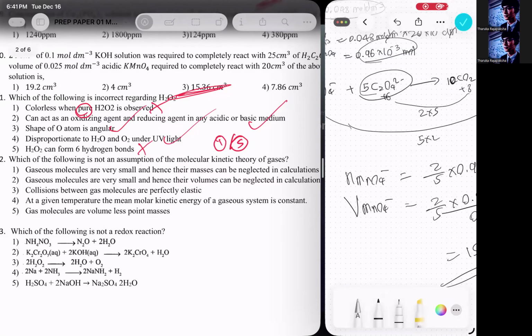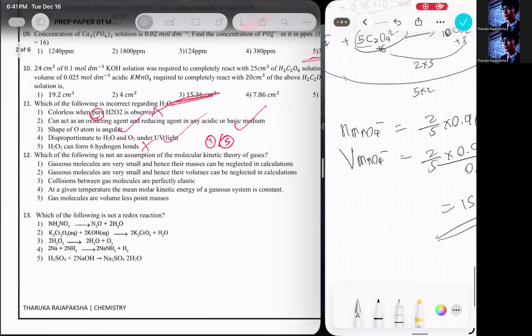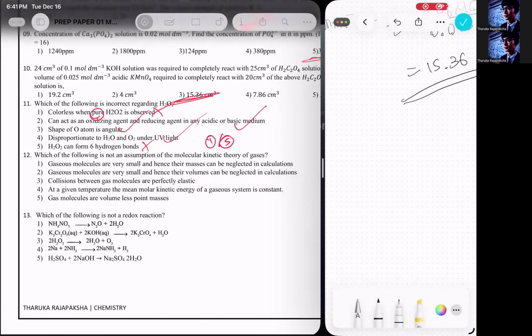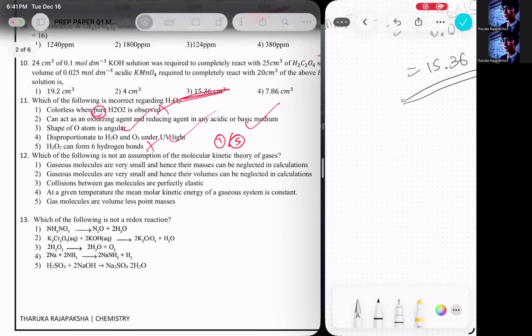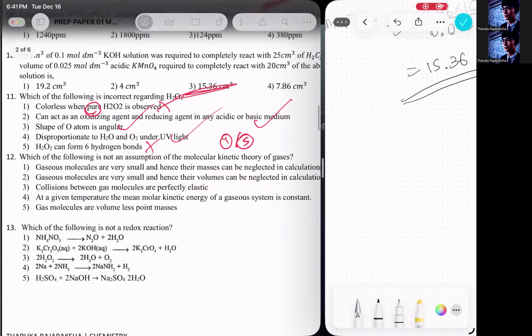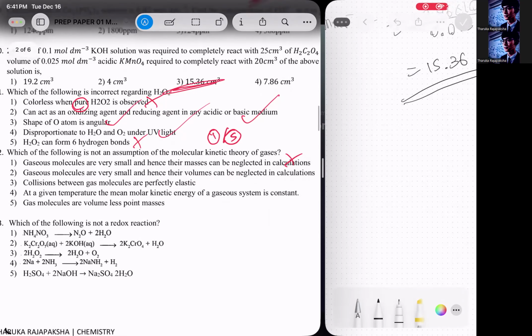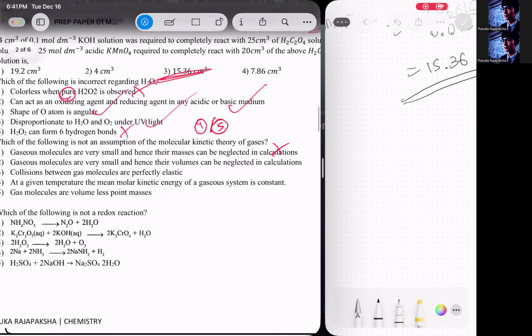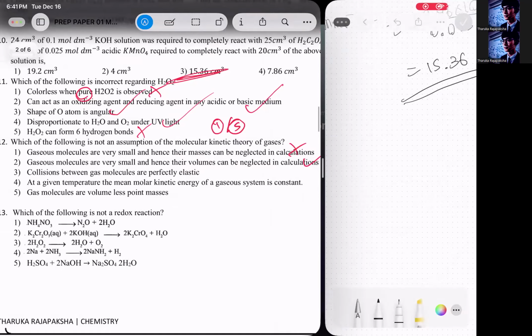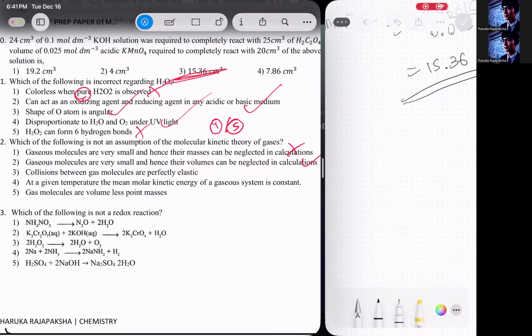Okay, guys, question number 12. Which of the following is not an assumption of the molecular kinetic theory of gases? Answer number 1. Gaseous molecules are very small, hence their masses can be neglected. That's wrong. Masses cannot be neglected. If you neglect masses, then you can't do questions, actually. Hence their volumes can be neglected. That's correct. Collisions between gas molecules are perfectly elastic.